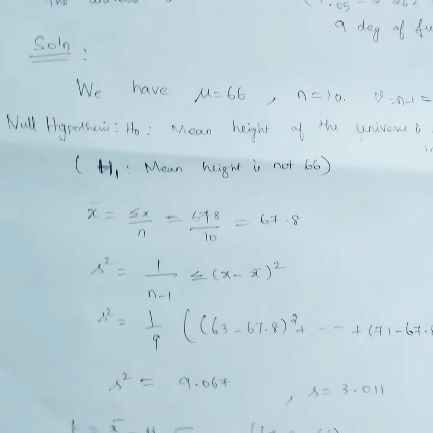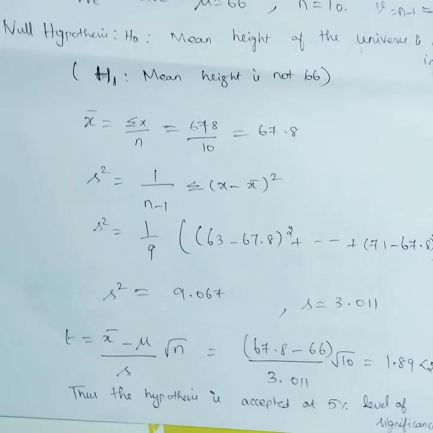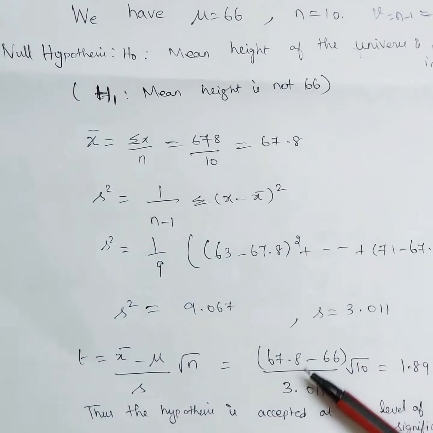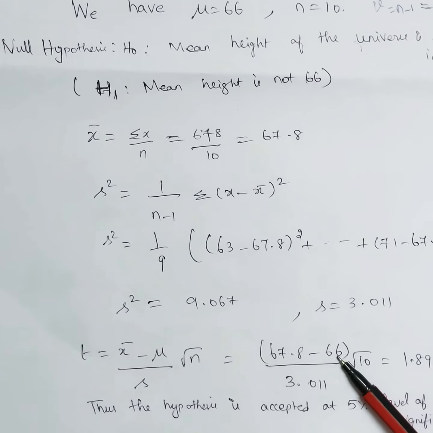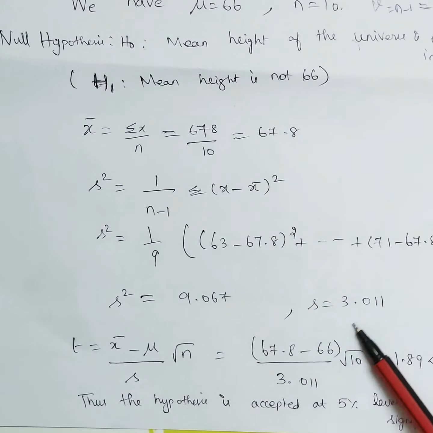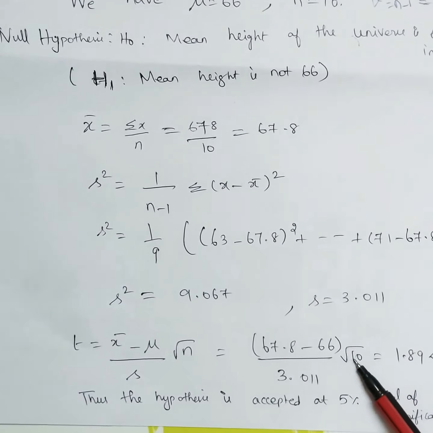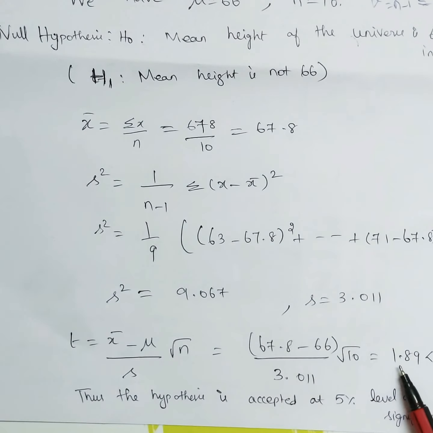So that is your mean mu. Try to understand the difference between this x bar and mu. x bar is what we are getting from the data and mu is from the hypothesis. So 67.8 minus 66 divided by S, just now we got S, into root n. Root n is root 10. By simplifying this, we got 1.89.